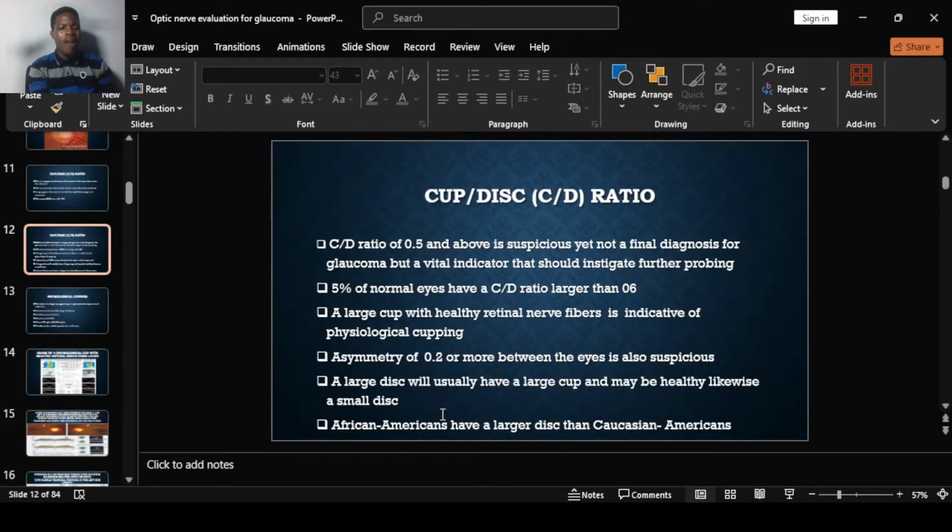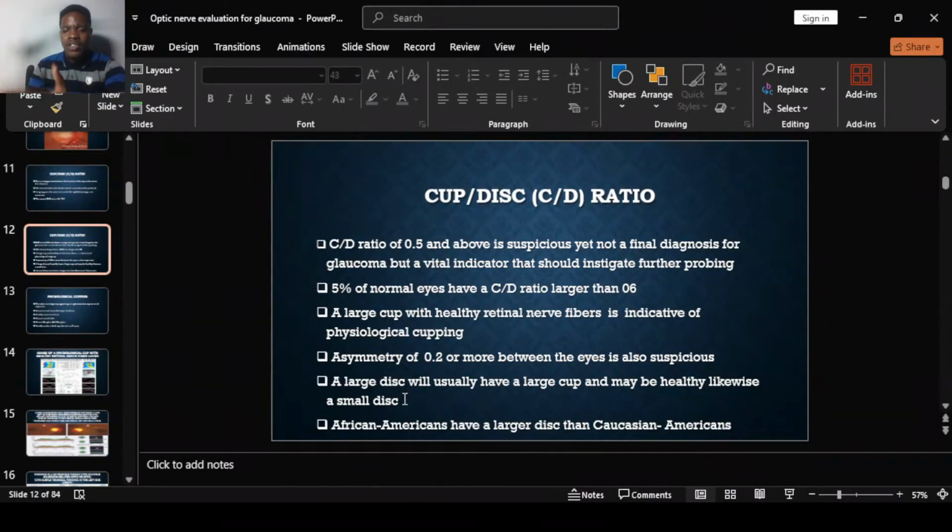No, a cup can be large, yet it is not glaucoma, because a large cupping will be associated with a large disc. Now, this does not mean that every time there's a large cup and a large disc it is not glaucoma. What I'm trying to say is that we do not just assume by mere inspection. We want to probe further for all the other things I'll be discussing in this series.